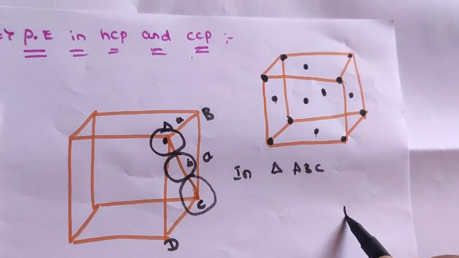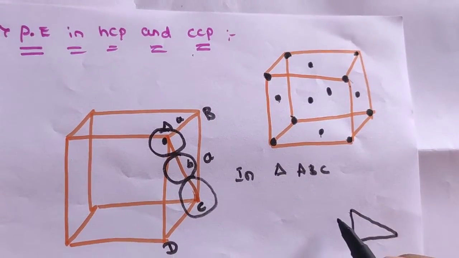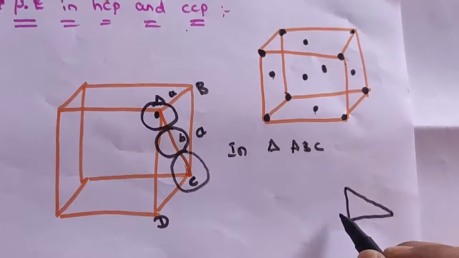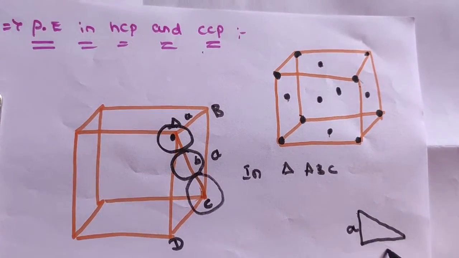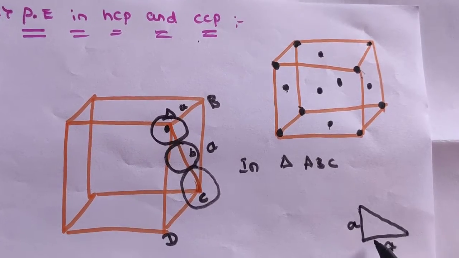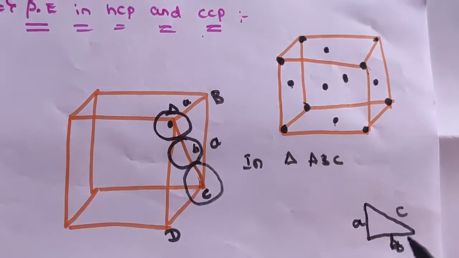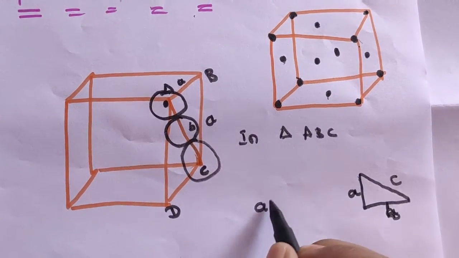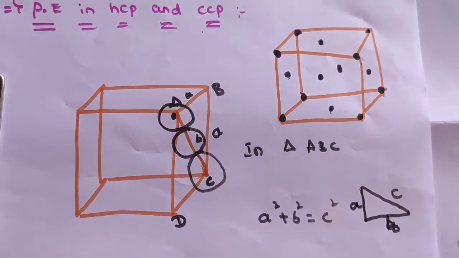So just you can see here, if I consider it as a triangle, taking this as A, this as A, this is taken as B, and here this is C. What it will show here: A square plus B square is equal to C square.